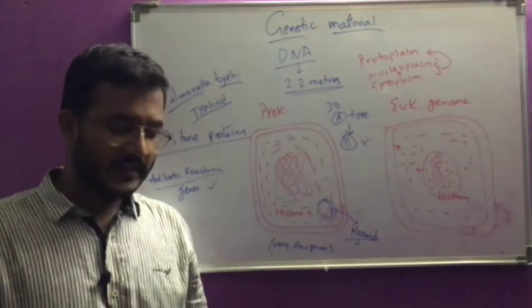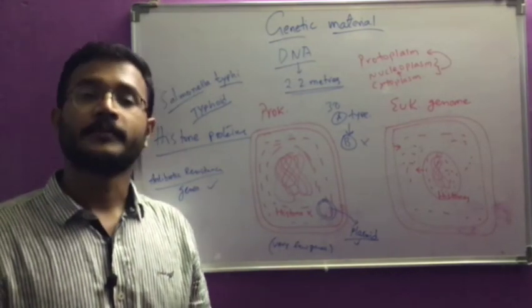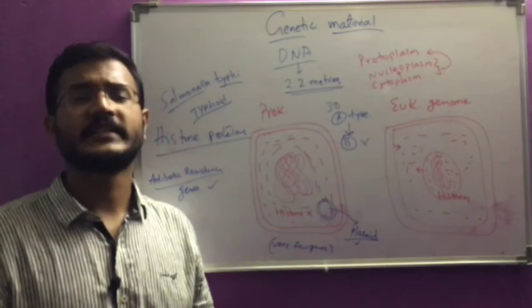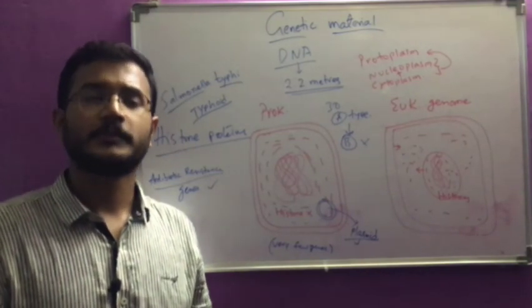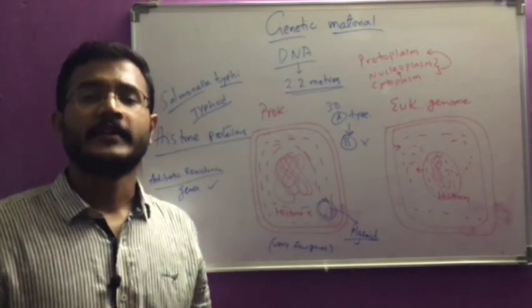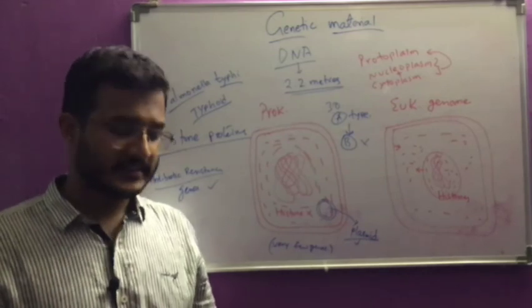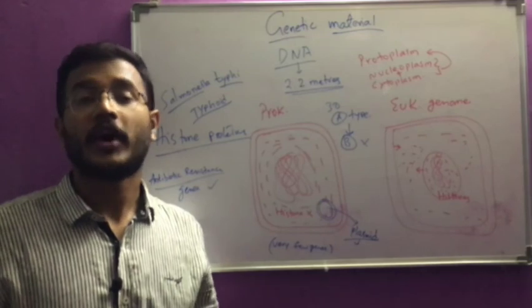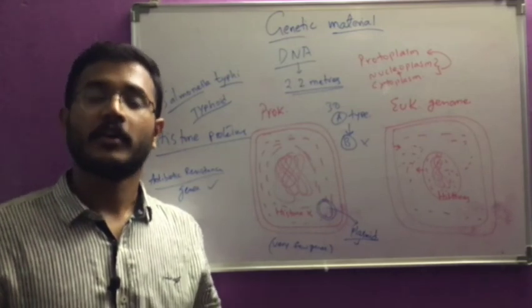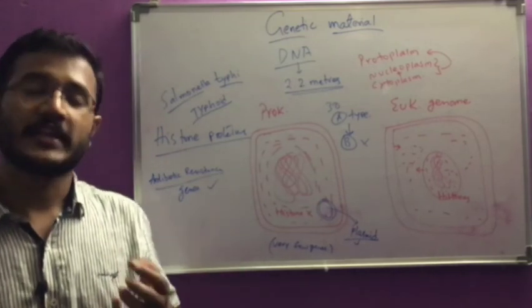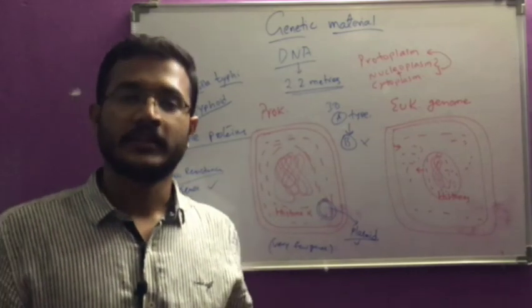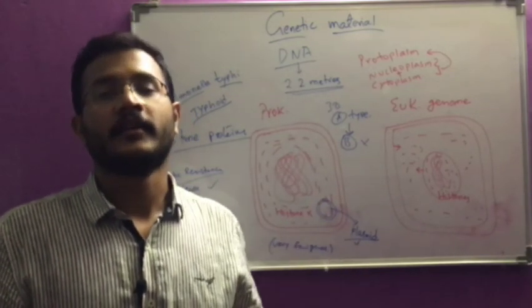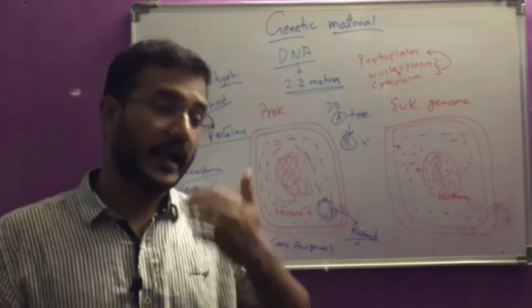Like that, in the next video we will discuss each and every cell organelle. We will start from the cell wall, the different layers present in the cell wall, and the significance of the cell wall. Cell wall is present in Protista, in fungi, and in plants.